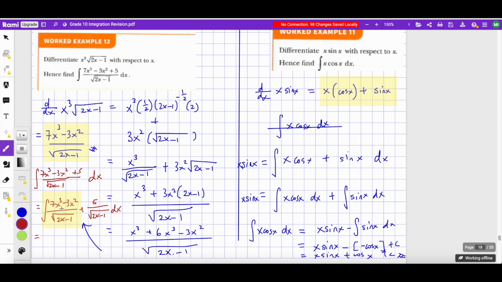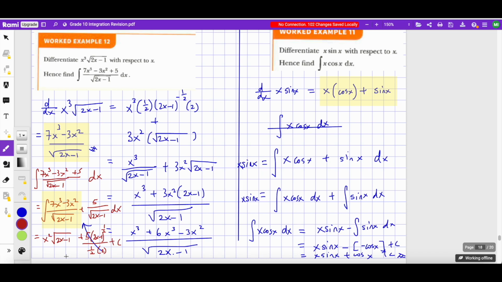So we're going to replace this with x cubed root of 2x minus 1 plus, and over on this side, this would be basically 5 (2x minus 1). We're going to add 1 to the power of minus half, so we will get half, and we're going to divide it by half and multiply with the differential inside the bracket, which is 2.